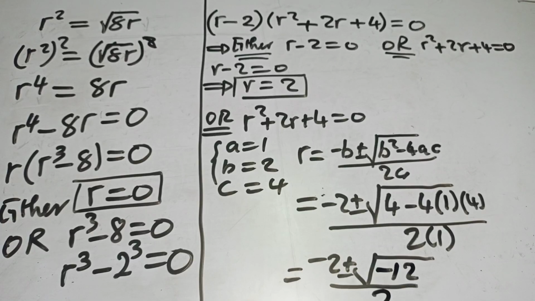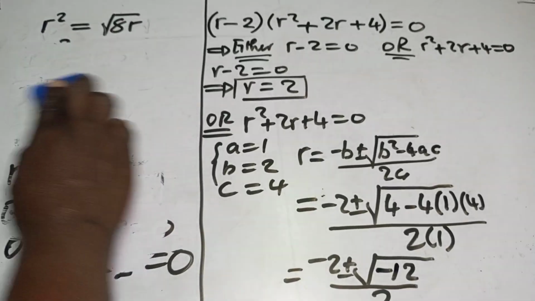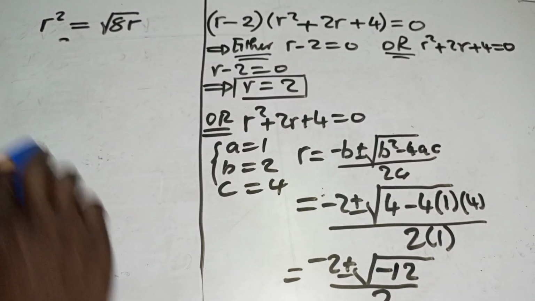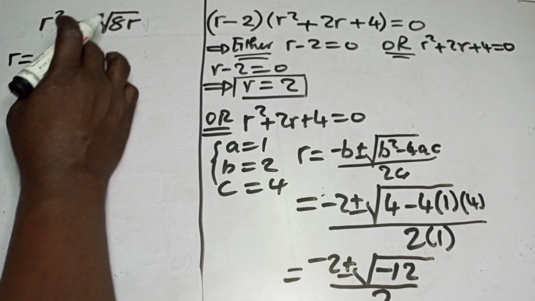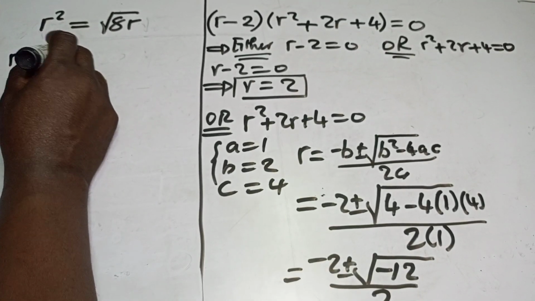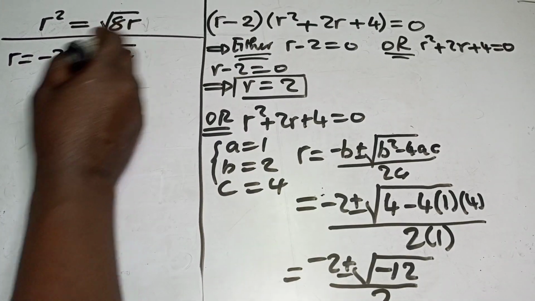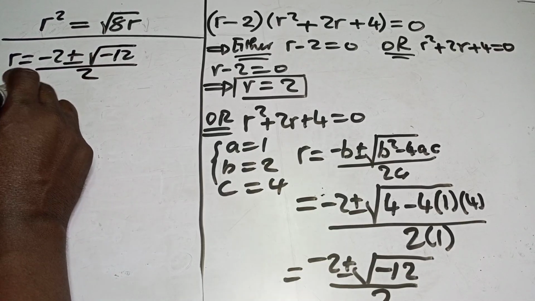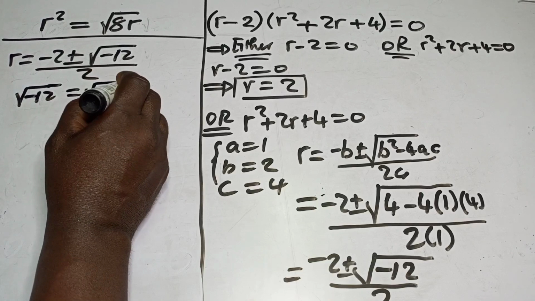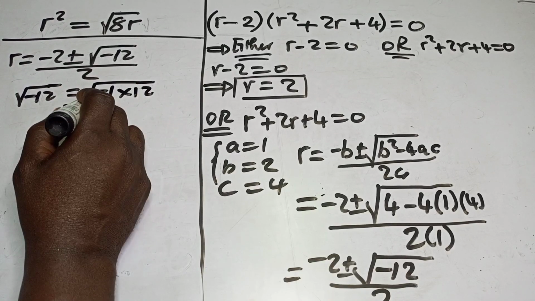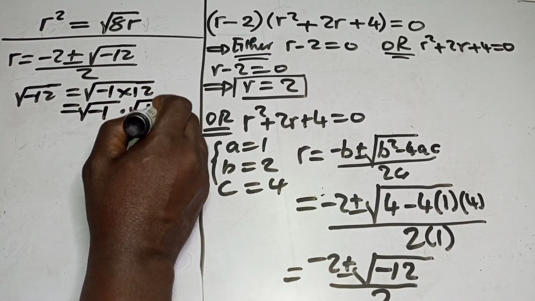Now, we have r equals negative 2 plus minus the root of negative 12 all over 2. But what is the root of negative 12? It is the root of negative 1 times 12. This is the same as the root of negative 1 multiplied by the root of 12.